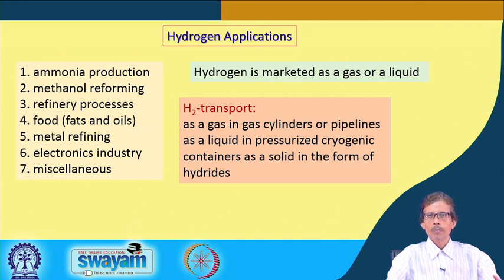So, those big structures, indefinite structures sometimes, or the coordination polymers we call, can have some void spaces in between, and those void spaces are utilized for storing hydrogen gas.